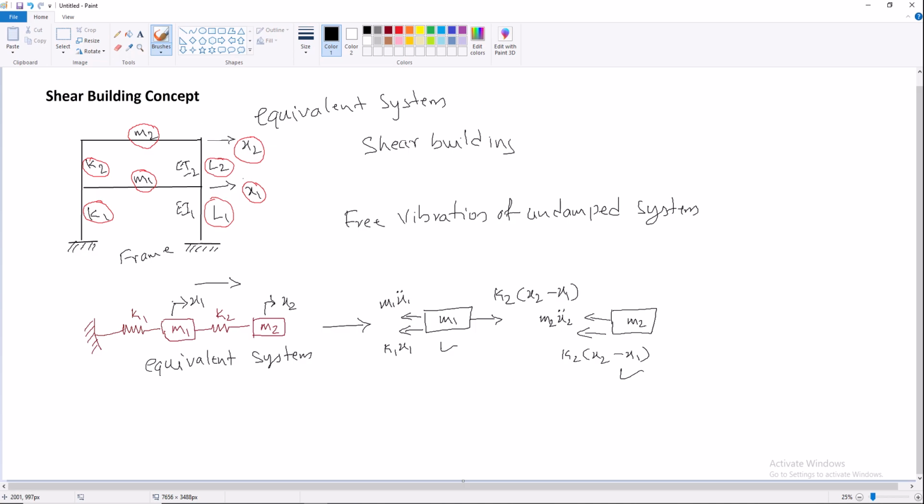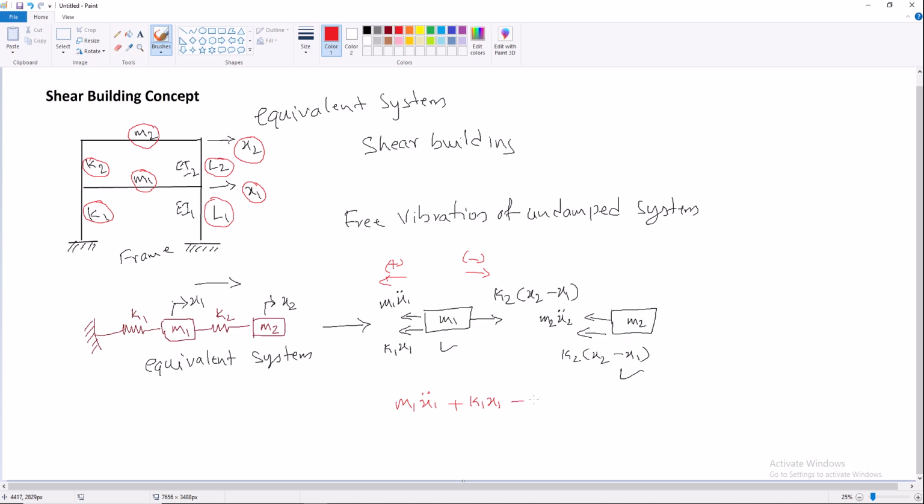From this, I would like to write the governing differential equation for m1. The forces in this direction are written as positive, and in this direction negative, as we discussed in the previous session. So m1 x1 double dot in this direction, plus k1 x1, which is another force acting in the same direction.